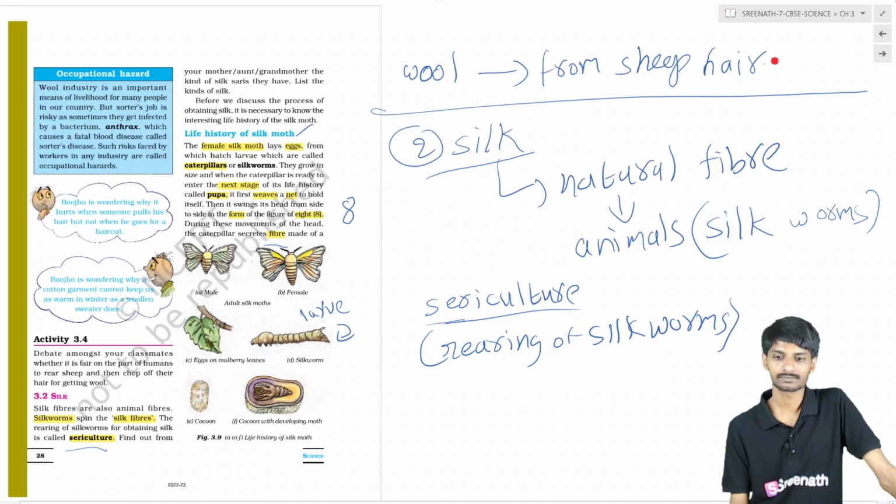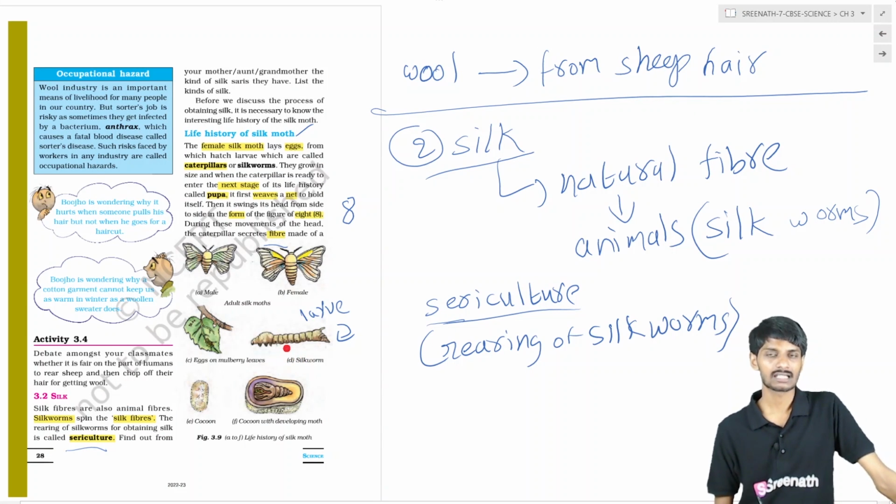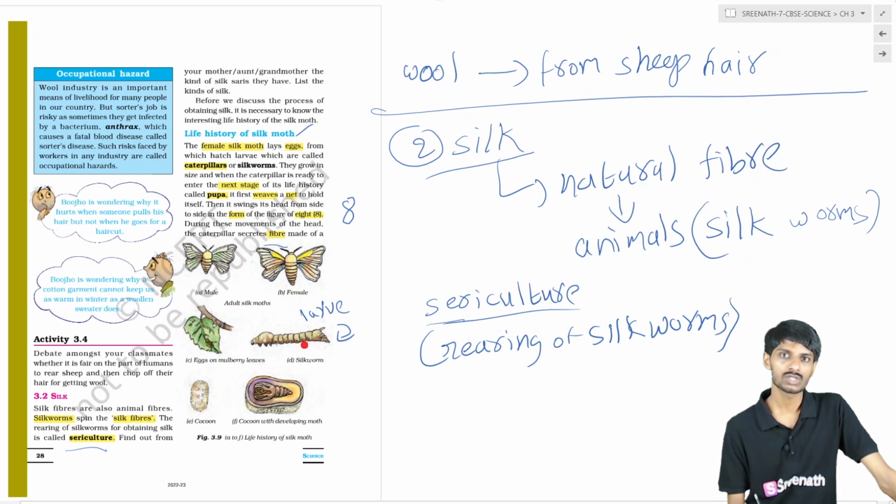So after eating so much mulberry leaves, the larva or silkworm becomes the pupa, and it releases the fibers and covers its surroundings in the form of a figure of 8. Finally these fibers cover that pupa.